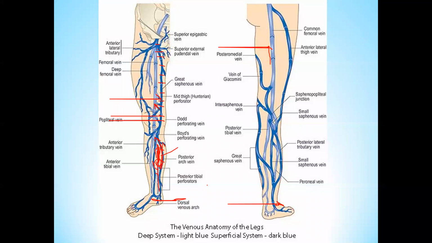Then turn the leg of the patient more externally to make easy access for the posterior tibial artery and vein. So that could easily be localized just posterior to the medial malleolus.